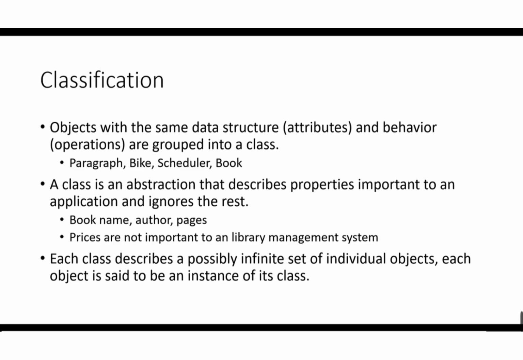But for the current software, we only need to describe those properties that are important to this application and ignore the rest. For example, in a library management system, for the book, the name, author, and pages are important to our software, but sometimes the prices are not important to the system.